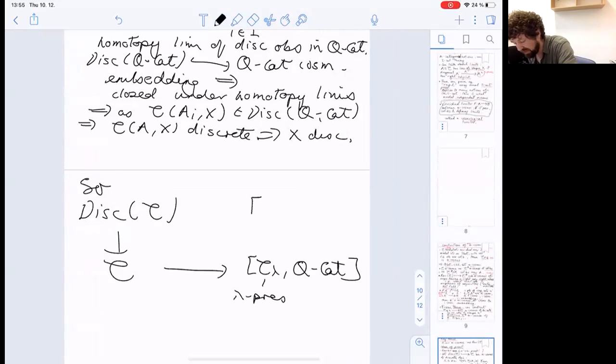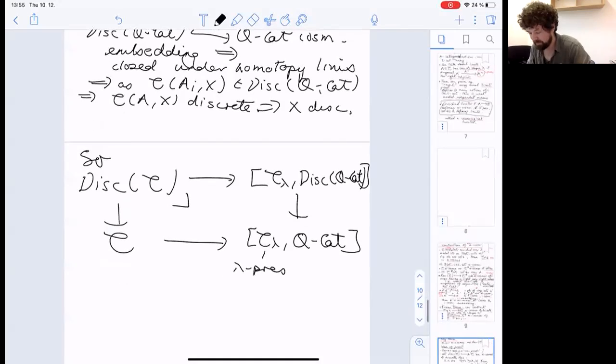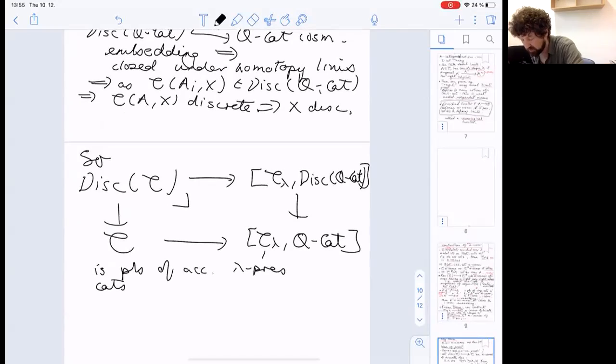So these things are now, on the right-hand side, going to be accessible categories. So this is going to be a pullback of accessible categories.